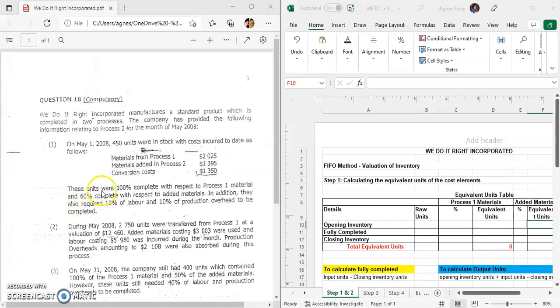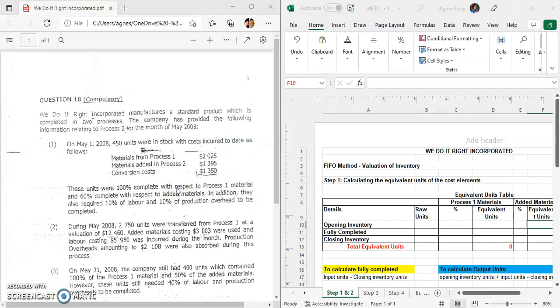It states that these units, which we are referring to as the 450 units, were 100% complete with respect to process 1 material. What does that mean?